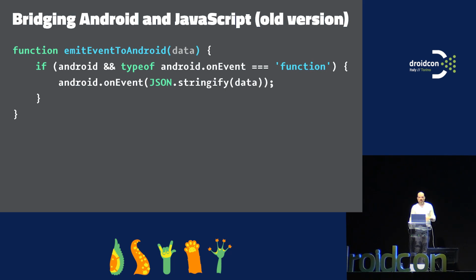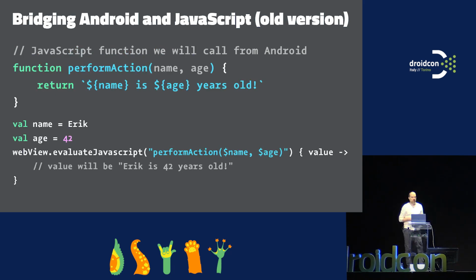Now, back to that one. How do we do it in the other direction? How do we call a JavaScript function from Android? So we have a JavaScript function called performAction, taking a name and an age parameter, and it just returns a string. Super simple, but you can imagine the case becoming more complicated in the real world.